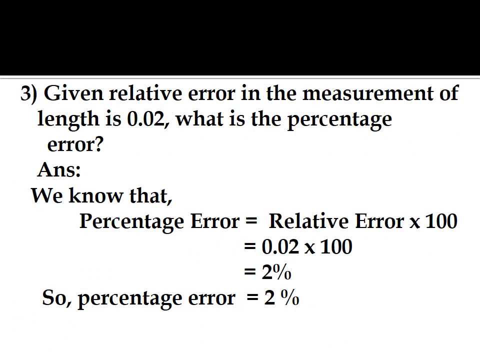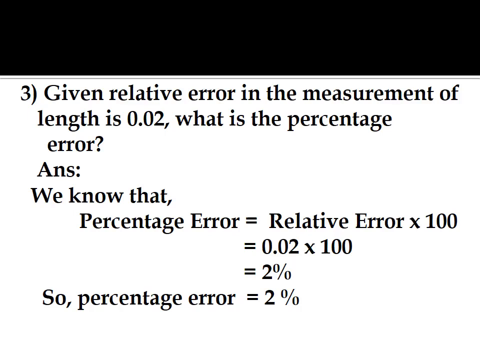Third question is, given the relative error in the measurement of length is 0.02, what is the percentage error? Solution is, we know that percentage error is equal to relative error into 100.